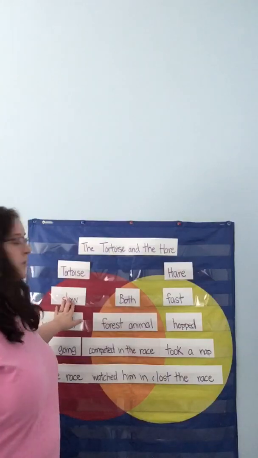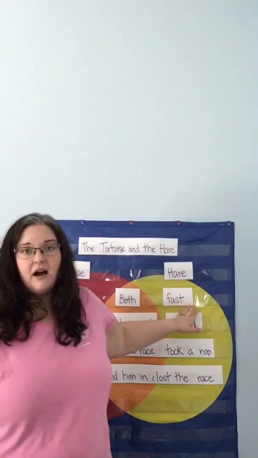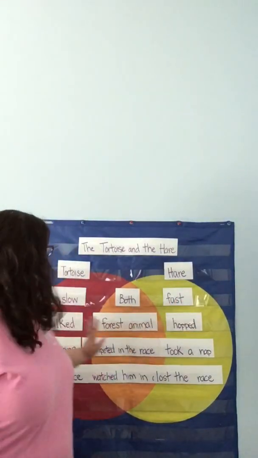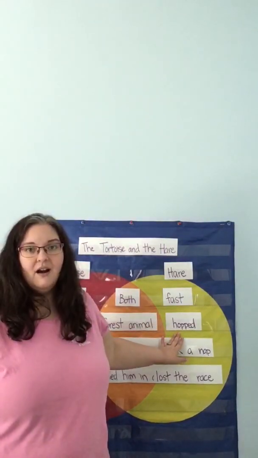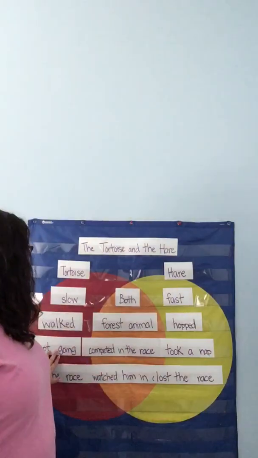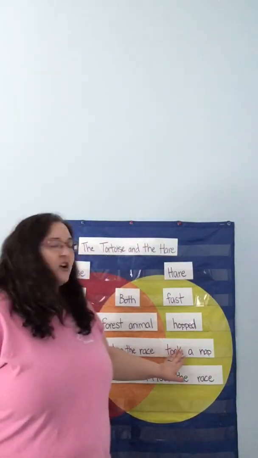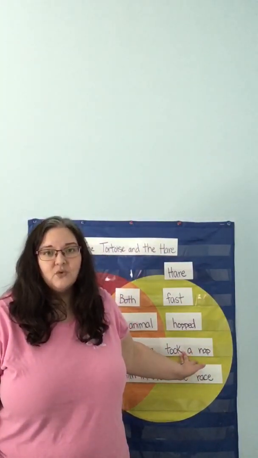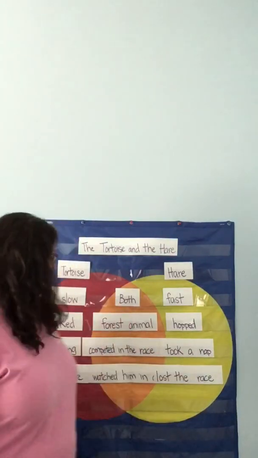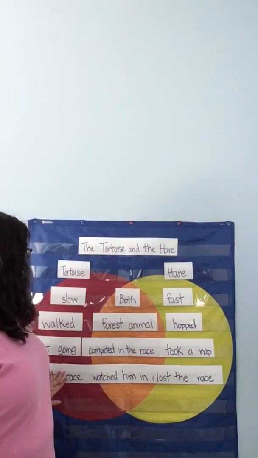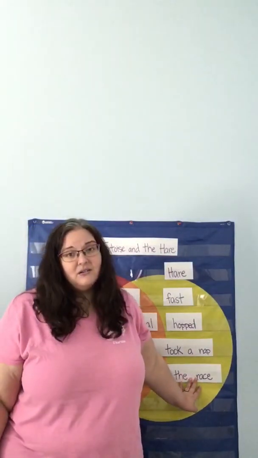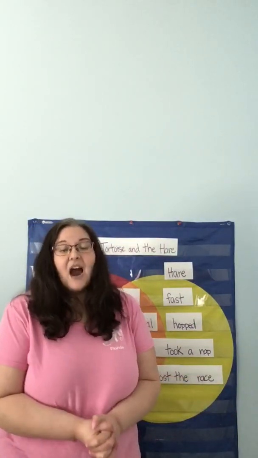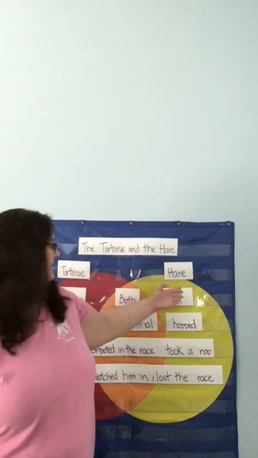Tortoise was slow and Hare was fast. Tortoise walked and Hare hopped. Tortoise kept going, but Hare stopped and did what? He took a nap. Tortoise was different because he won the race and Hare lost the race. So that's how they were different.